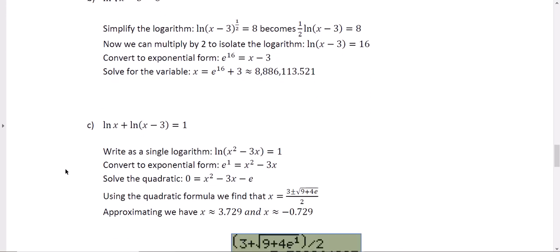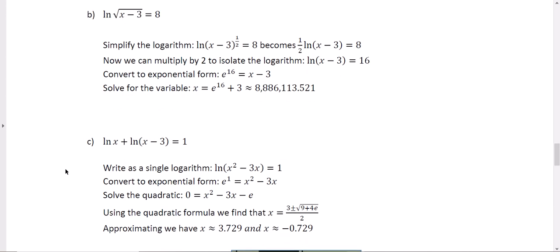All right. So if we have the natural log of x plus the natural log of x minus 3 equals 1, our first step is going to be using the properties of logarithms again, and we'll take this addition of logarithms and write it as the multiplication of the arguments, right?